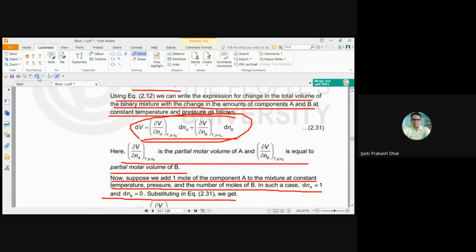So this is equation 2.31, and this term of equation 2.31 is called the partial molar volume of A, and this other term of equation 2.31 is called the partial molar volume of B. So that means we can put V_mA for this term in equation 2.31, and for this term we can put V_mB.